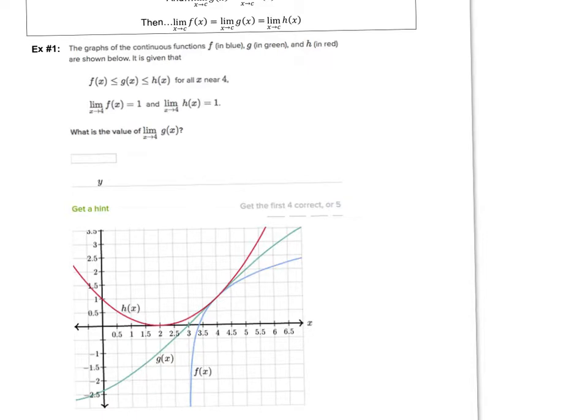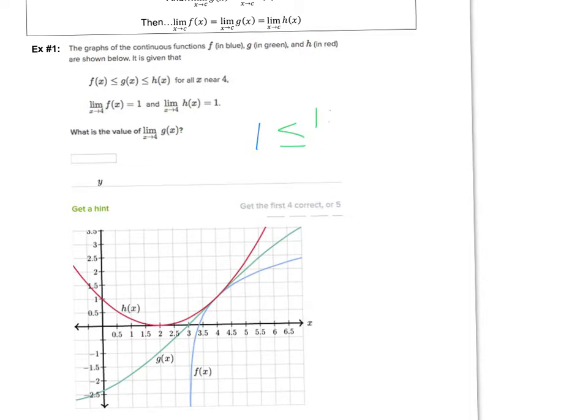I'll try and color code it. So we know that f of x is the smallest one, and that is 1. And then we also know that g of x, which is in the middle, and that's what we're actually trying to find.